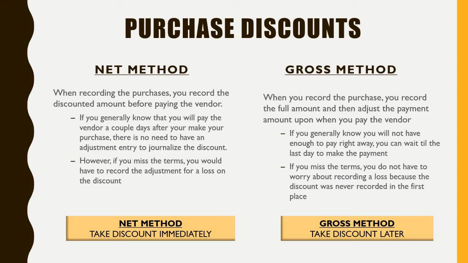The gross method is for smaller businesses who are not sure they can pay right then and there to get the discount, because they might have other priorities to pay first. So we journalize it as is, and whenever we pay, if we make it within terms, then we discount our amount. Net means you take the discount immediately. Gross, you take it later.